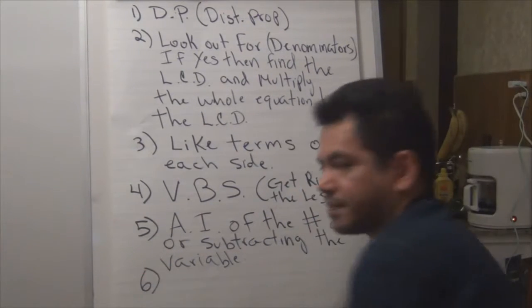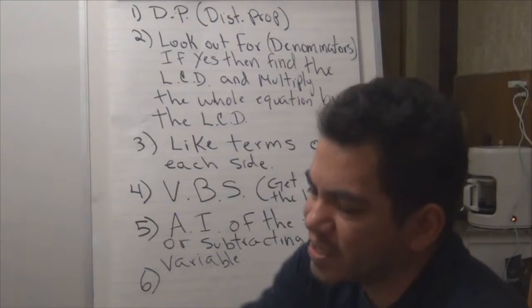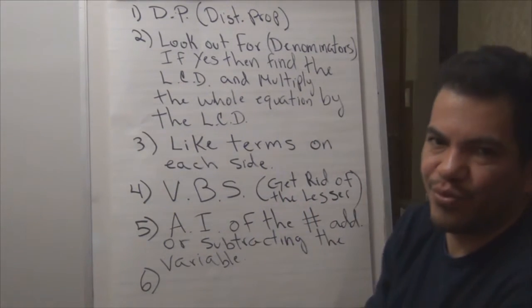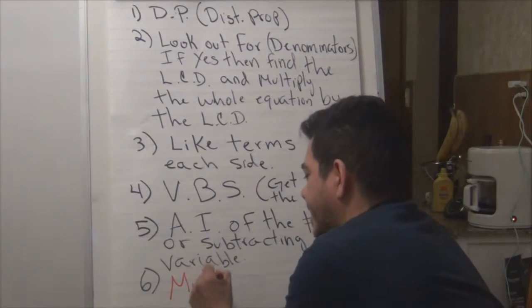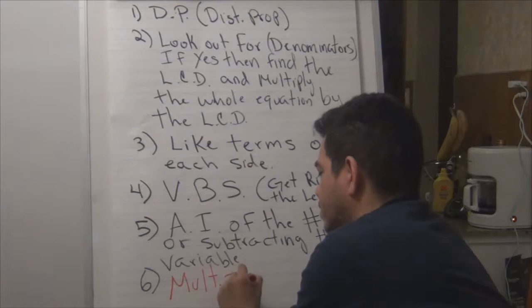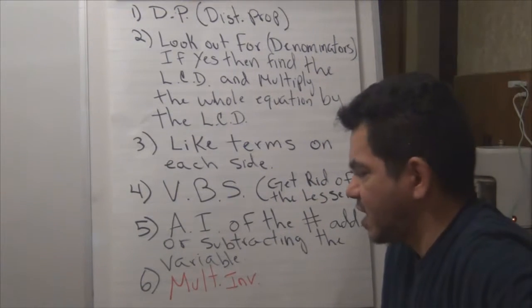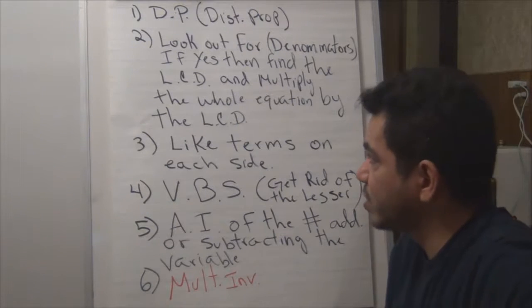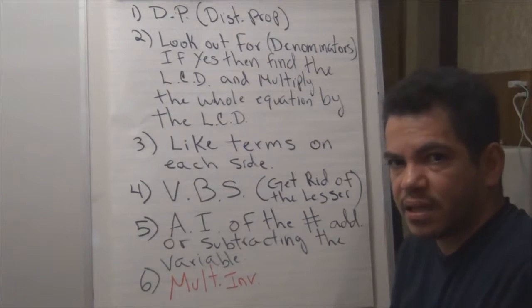Number 6. After the additive inverse, what's next? What have we been doing? Multiplicative inverse. How do you know we have multiplicative inverse? You will see a number multiplying the variable. As simple as that.